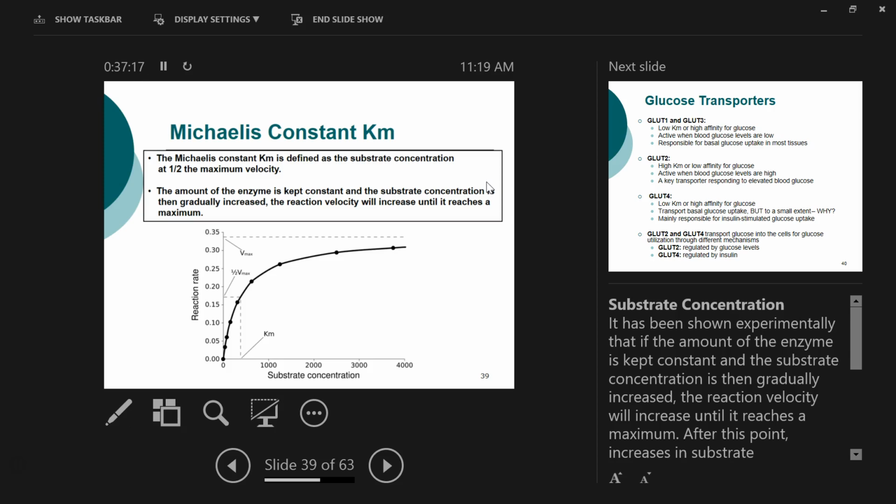So, for example, an enzymatic reaction usually involves three components, right? The substrate, enzymes, and the product.